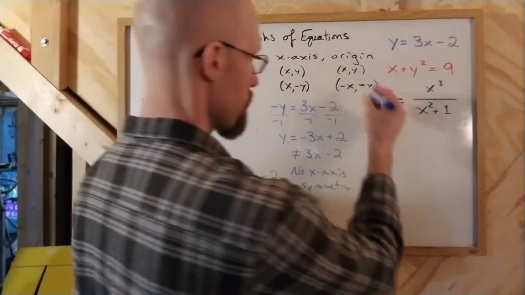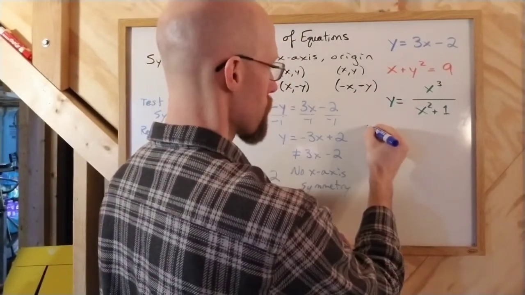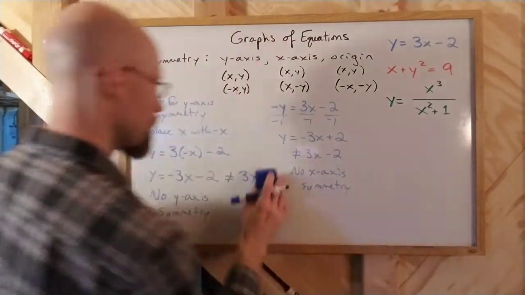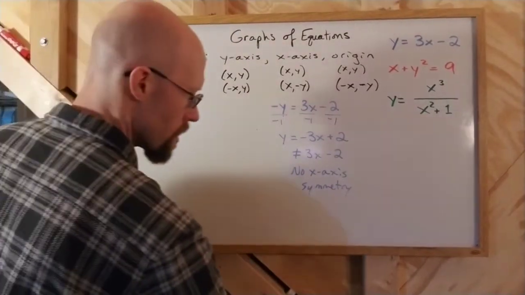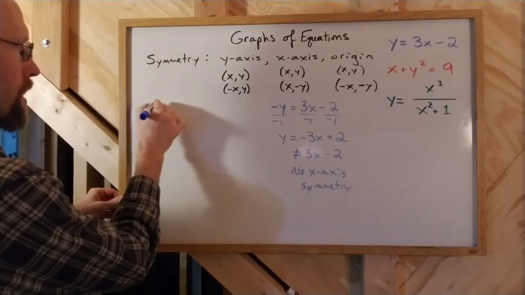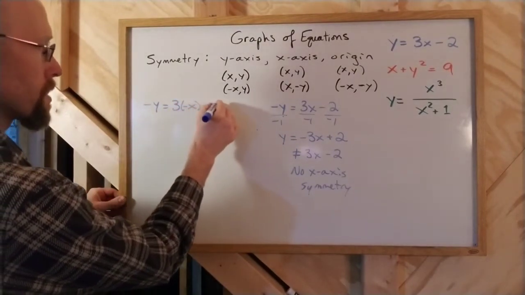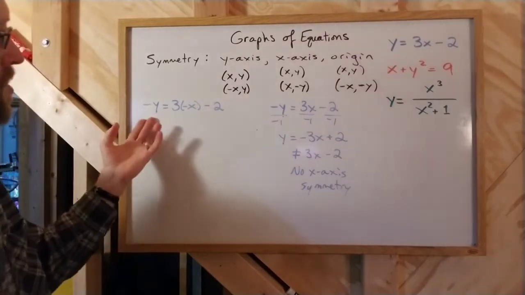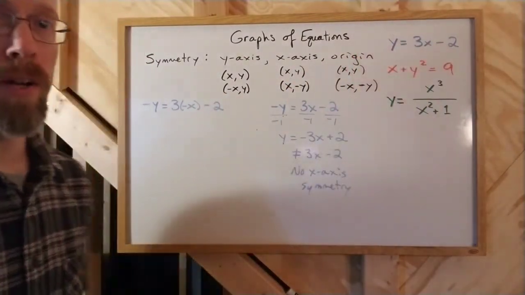To do that, I'm going to plug in both negatives. Maybe I'll move this down where I have a little more space to work. I'm going to go with negative y equals 3 times negative x minus 2. Again, if I solve for y, I'm hoping to have the exact same thing pop out as the original.